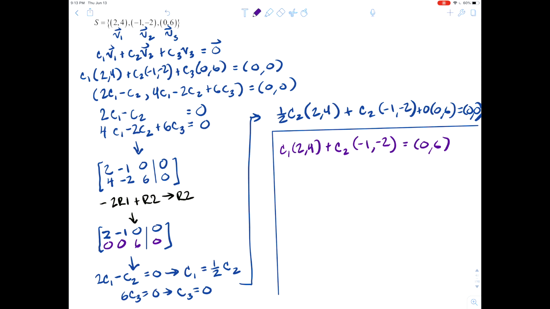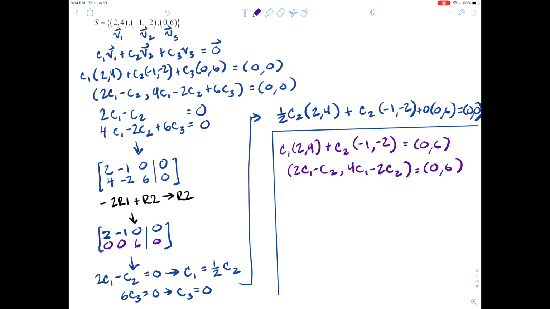Well, making one vector, on the left we'd have 2c1 minus c2 for the first component, and then the second component would be 4c1 minus 2c2, and that's going to equal 0, 6.